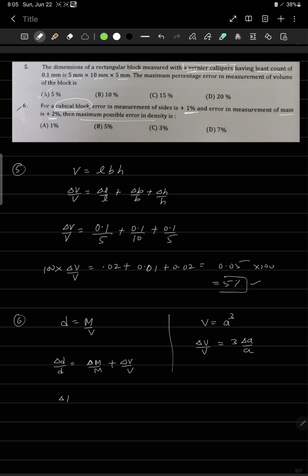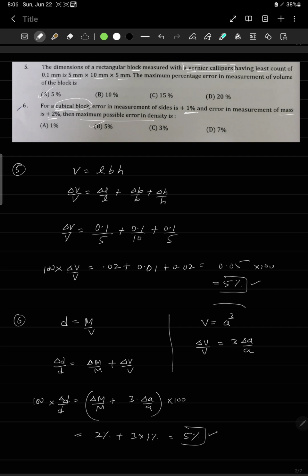Now we substitute this, so it is 3 times delta a by a. We multiply by 100, and the percentage errors are given. So delta M by M into 100 is 2% plus 3 into 1%, which makes it 5%. So again 5% is the answer, and option B is correct.